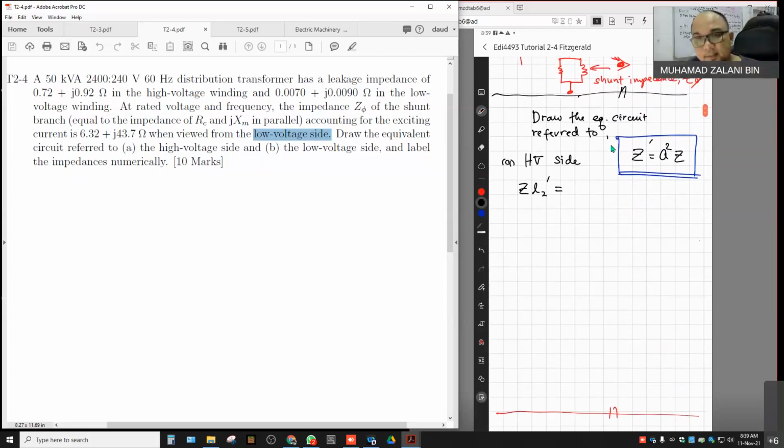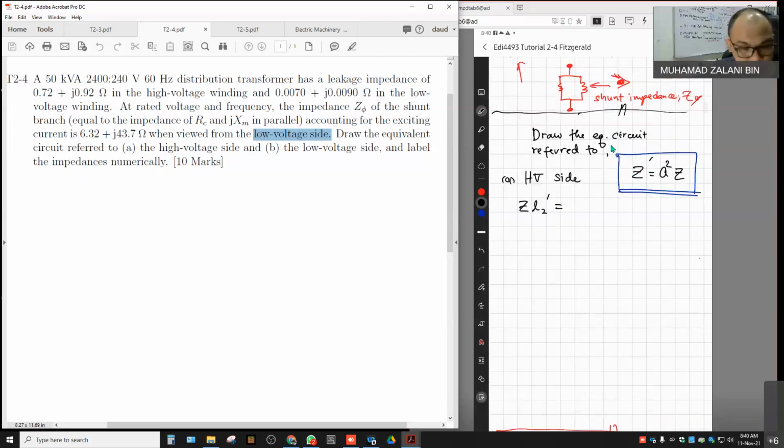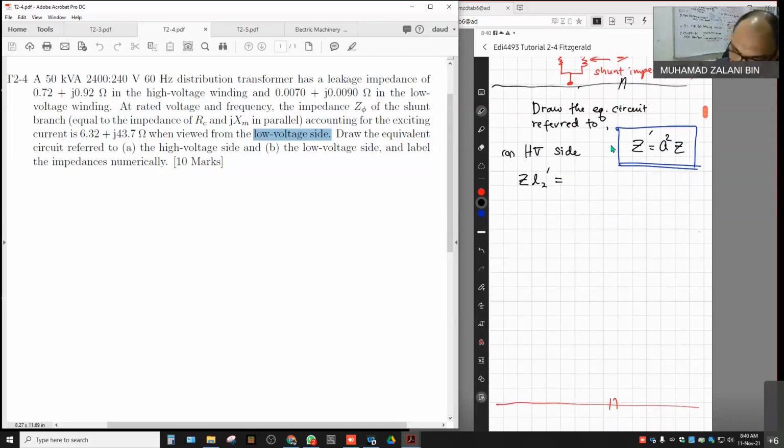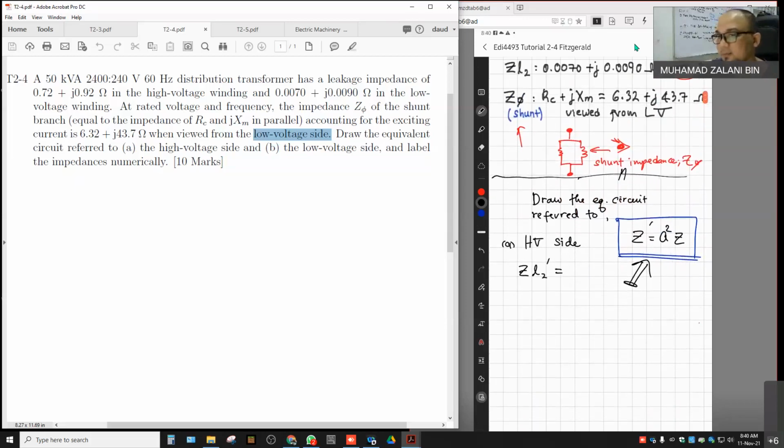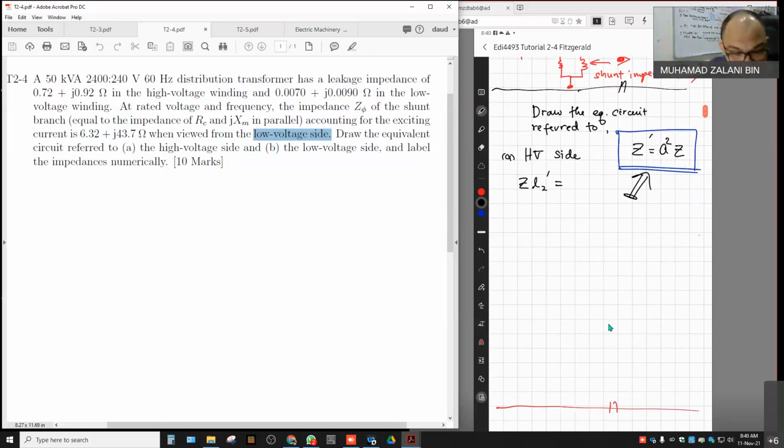What we're going to do is draw the equivalent circuit, the first one referred to the primary side, the high voltage side. We will use this formula for the impedance calculation. If we want to refer impedance from primary to secondary or the other way around, we can use this equation that involves the turns ratio.